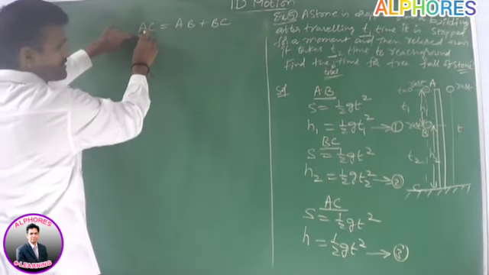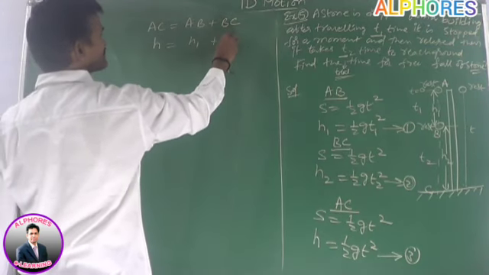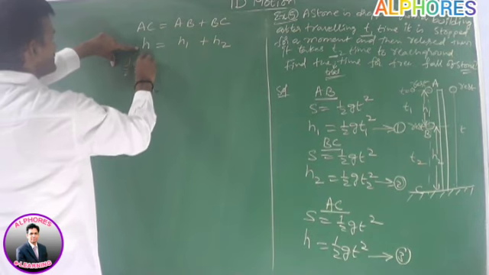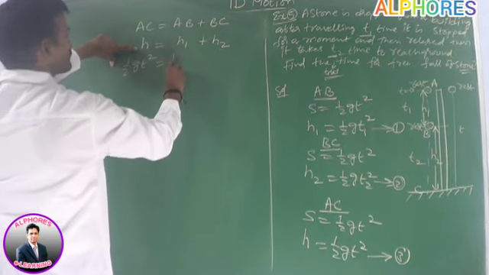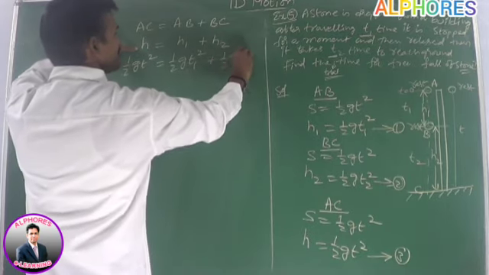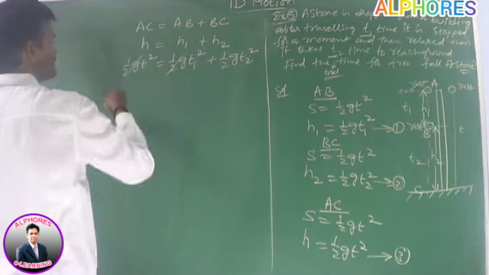So the total distance h is AB, h1, plus BC, h2. So this h is nothing but half g t square, that is equal to half g t1 square plus half g t2 square. This half g gets cancelled.